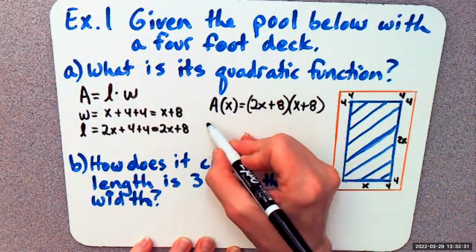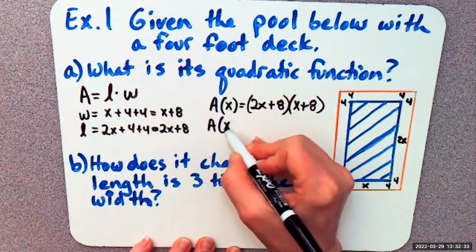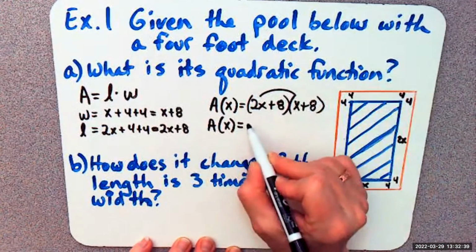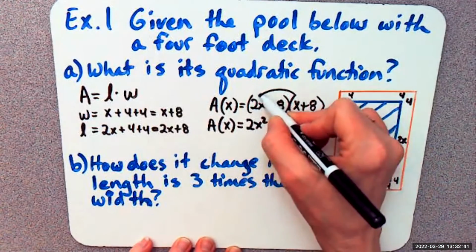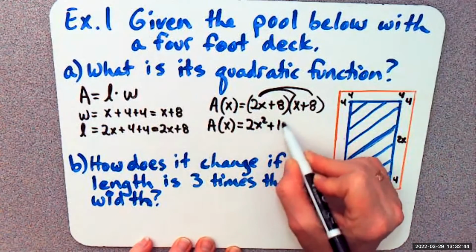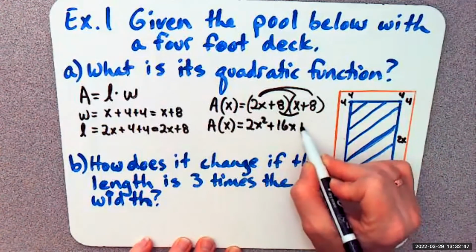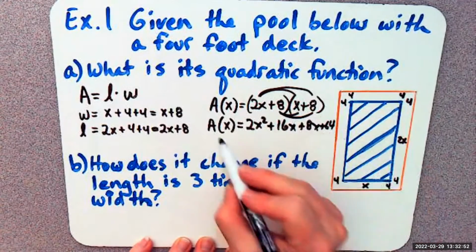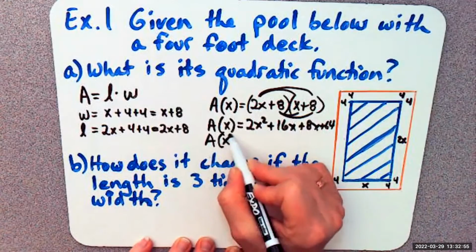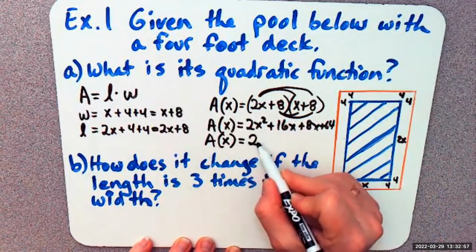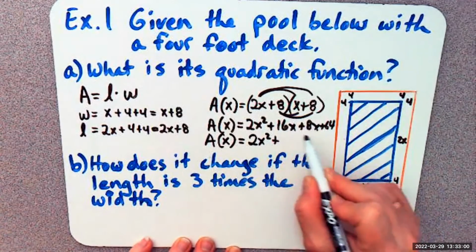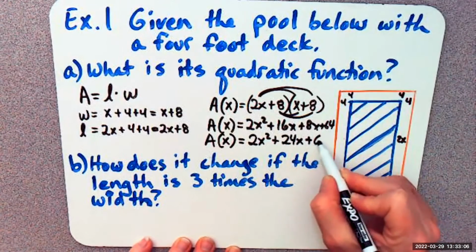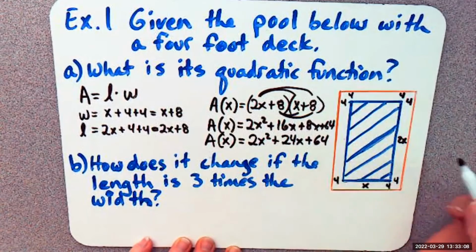We can FOIL this: first would be 2x squared, outer would be plus 16x, inner plus 8x, and last plus 64. So our final equation for area will be 2x squared plus 24x plus 64, and this is in feet squared.